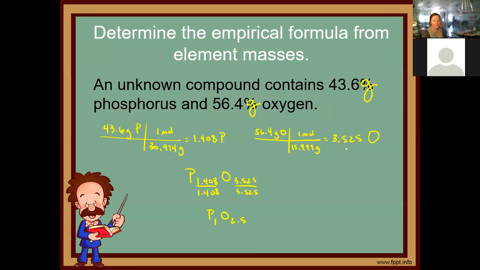Oh no. What might be a better empirical formula? Instead of rounding to 3, what if I multiplied both of them by 2? What if I got P2O5? Maybe that's better than rounding away a whole half an atom?